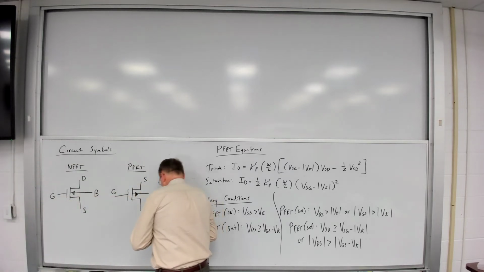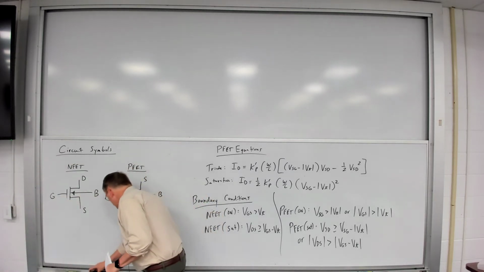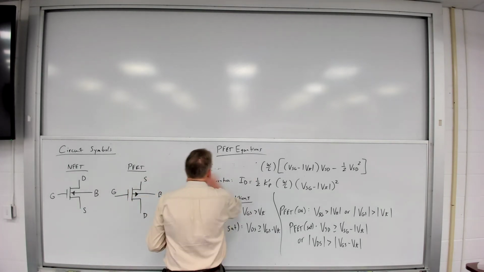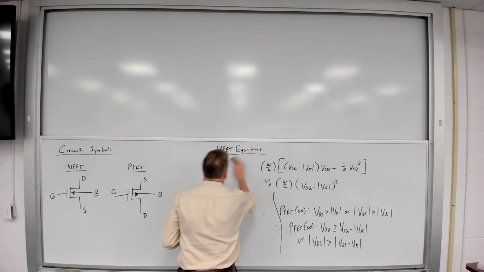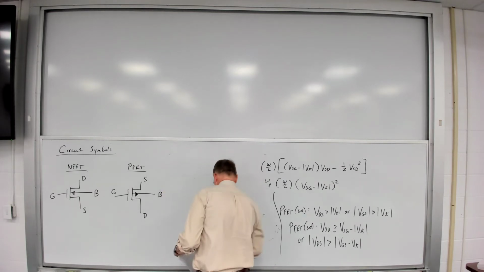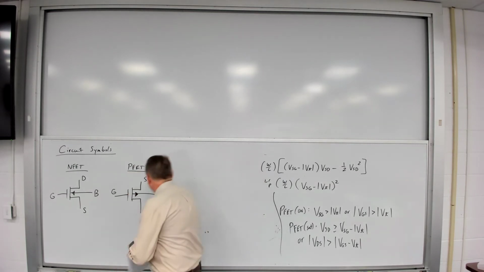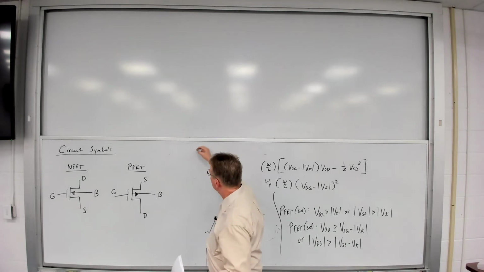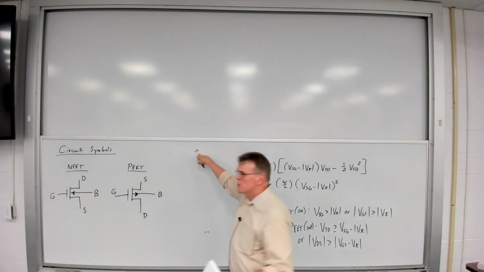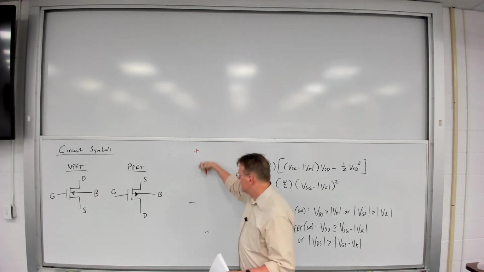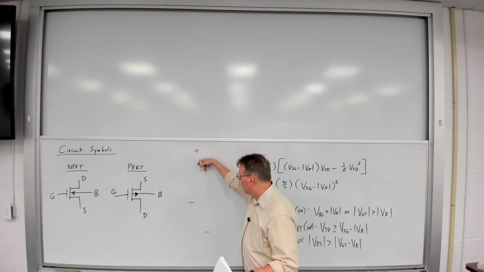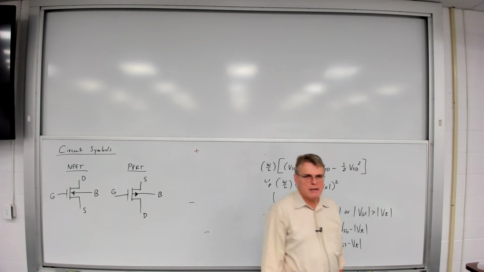Now, you guys have probably gotten used to this. But you know, when we draw circuits, we normally start at the most positive voltage at the top towards either a negative voltage or a ground at the bottom of the schematic.